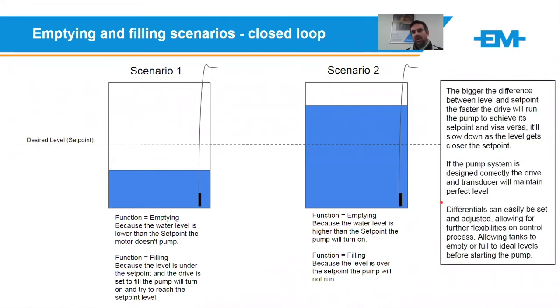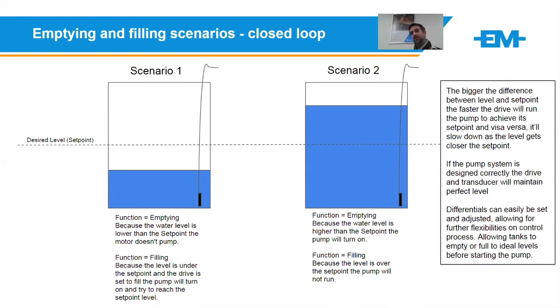It's important to notice in the closed loop realm that the bigger the difference between the set point and the actual feedback value, the faster the drive will work. So if the difference is very large, i.e. an empty tank and I need to fill it, the drive would go at full speed to try and fill the tank.